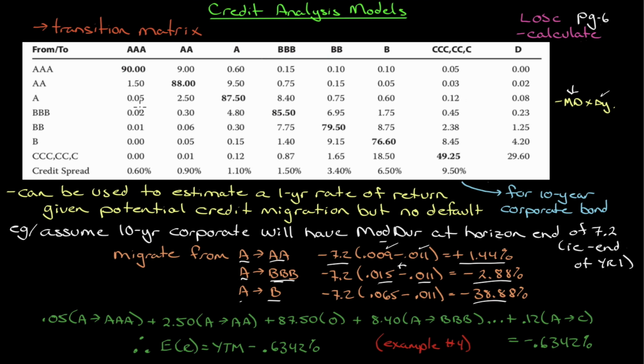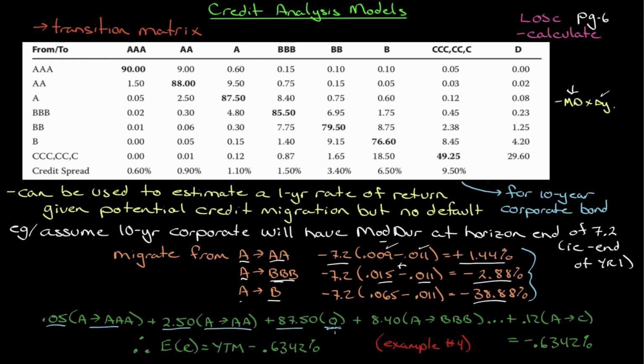So we just multiply the probability by the amount of the change that we would get, and this is what we calculated right here. So 0.05, and we would calculate a transition from A to AAA the same way we did here, negative 7.2, and it would be 0.6% minus 1.1, and see what we get. Then the next one is 2.5. There's a 2.5% probability that A will transition to AA.